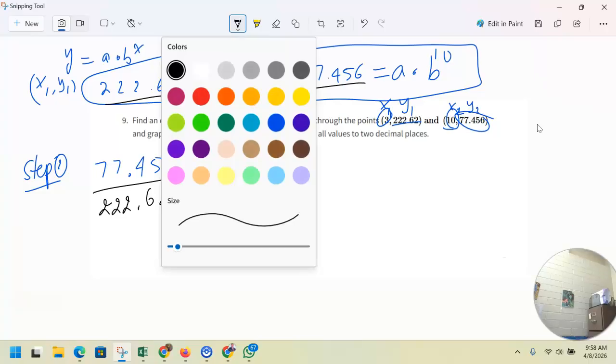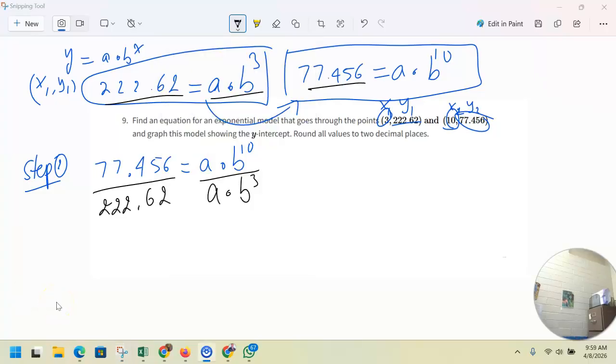So a crosses out, and there's a 10, and this is 3, so you subtract the exponents. This whole thing I'm going to keep as it is, or we can also use the calculator to figure out what that is. I would just keep it as it is, because to get a perfect answer, keep this exactly the same.